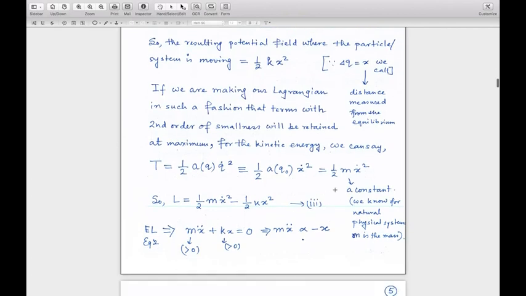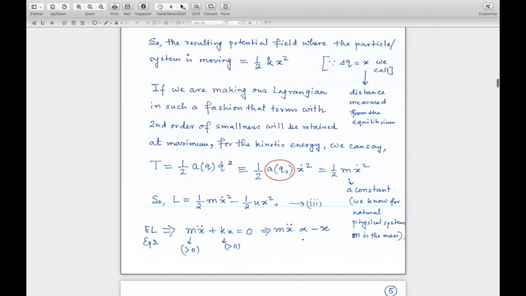And that's why we just take the quantity half A of q0, which is a constant, a zeroth order quantity, times x dot square. I call A of q0 as m, and you all know that this is nothing but the equivalent of the mass of the system. And then the resulting Lagrangian becomes half m x dot square minus half kx square.